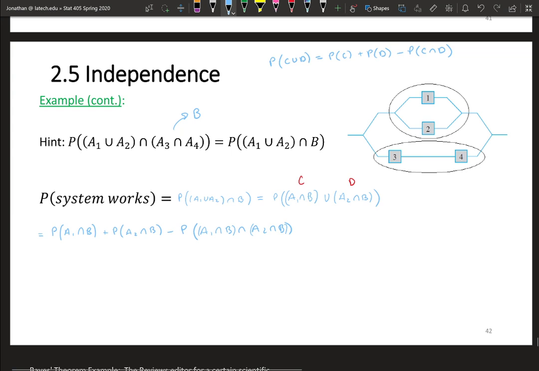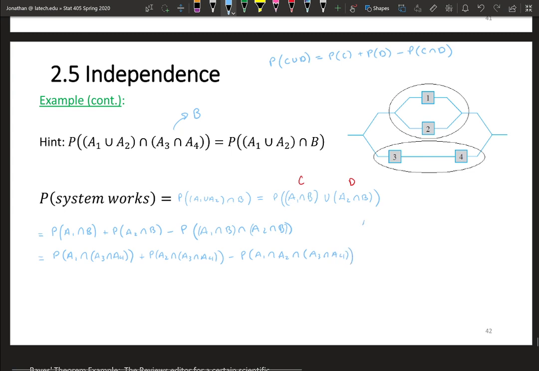So now, what we can do is we could say this is going to be probability of A1 intersected with B, but B is A3 intersected with A4, plus probability of A2 intersected with A3 intersected with A4, minus the probability of A1 intersected with A2 intersected with A3 intersected with A4.